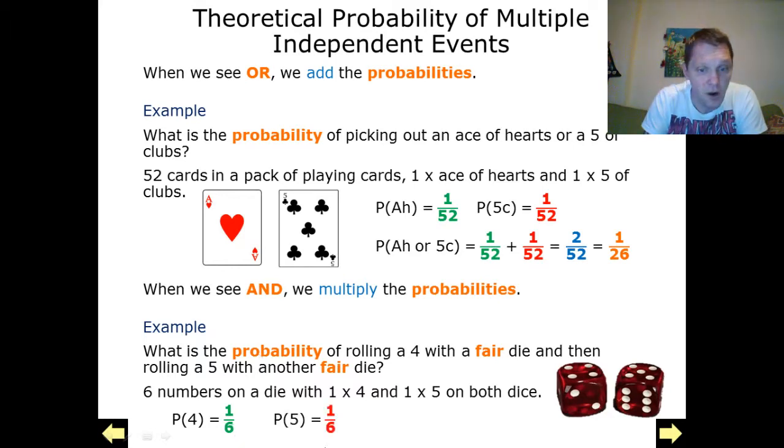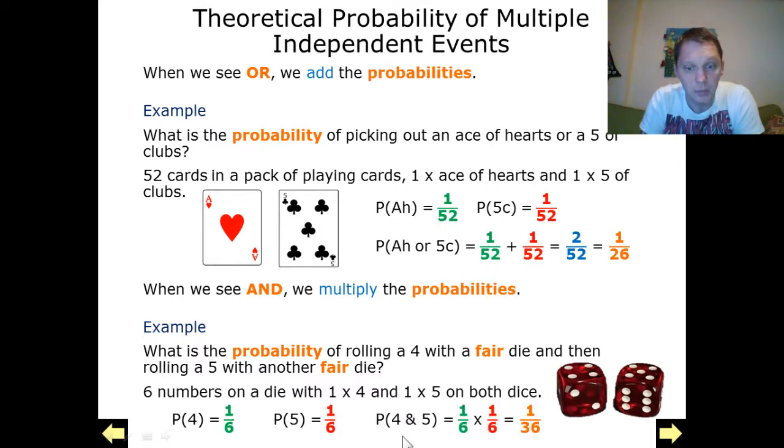The probability of rolling a 5 on a dice is also 1 over 6. So the probability of rolling a 4 and a 5 is 1 over 6 times 1 over 6, which gives me 1 over 36. Again, just cross multiplying: 1 times 1 gives me 1, 6 times 6 gives me 36.